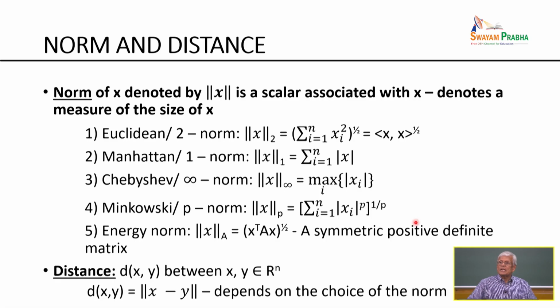So now you see, what is P? For the P norm, P can be anywhere greater than 0 up to infinity. So P norm, 2 norm, 1 norm, infinity norm, energy norm. And what are these like? These are like pounds, kilograms, centimeters, meters, liters, ounces, gallons.